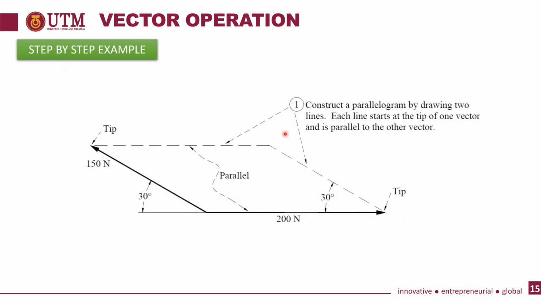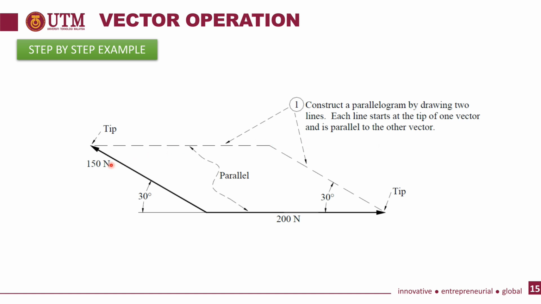Construct a parallelogram by drawing two lines. Each line starts at the tip of one vector and is parallel to the other vector. So the first thing you need to do is draw a parallel line in order to construct a parallelogram. Parallel and parallelogram, those things are related somehow, in the name.